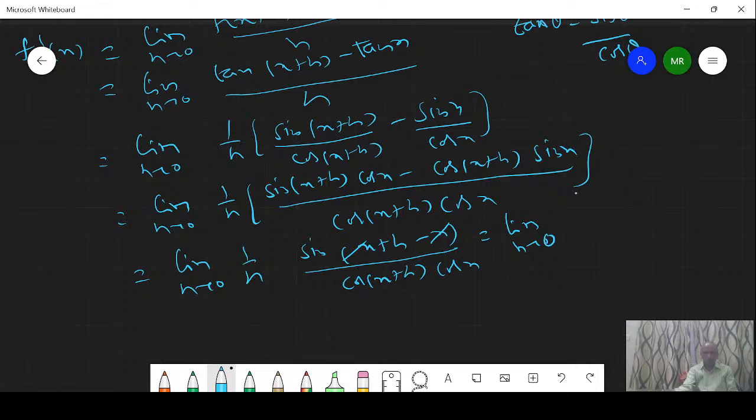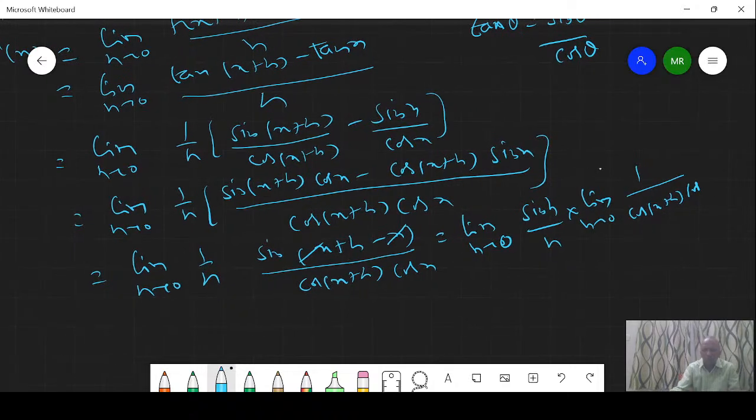So we can write limit h tends to 0 of sin h by h, into limit h tends to 0 of 1 by cos of (x plus h) into cos x.